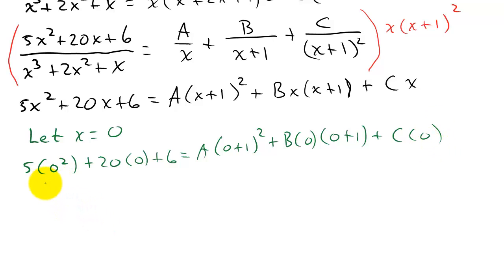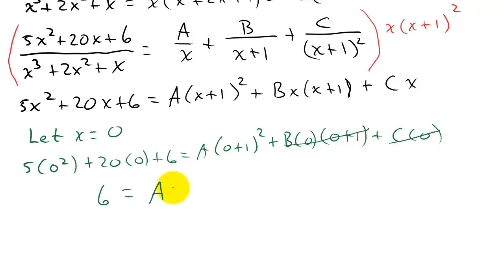Okay, and so over here I'm going to get just 6 equals, and then here you can see this term's going to go to 0 and this term's going to go to 0, so I'm left with 0 plus 1 is 1 and 1 squared is 1 times A, and so I get A is equal to 6.